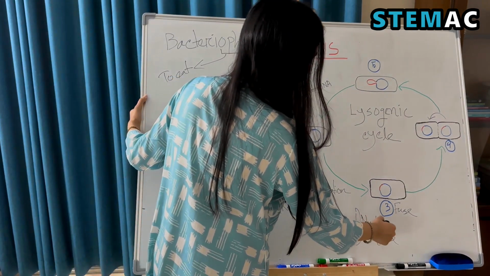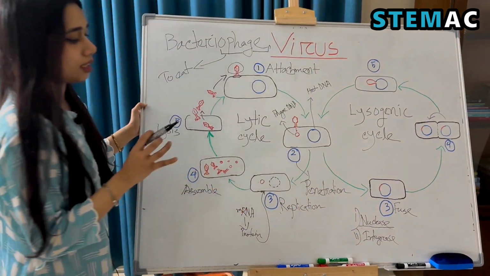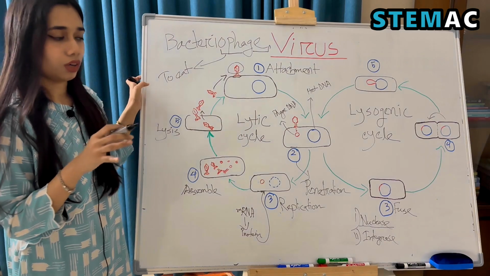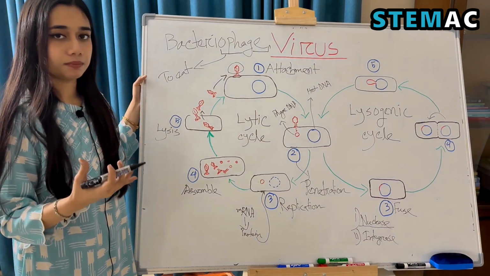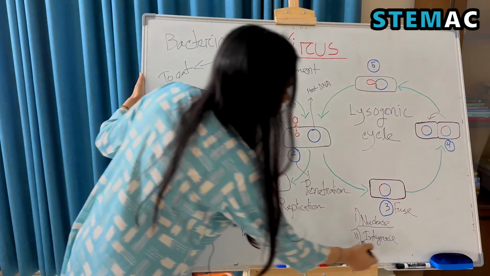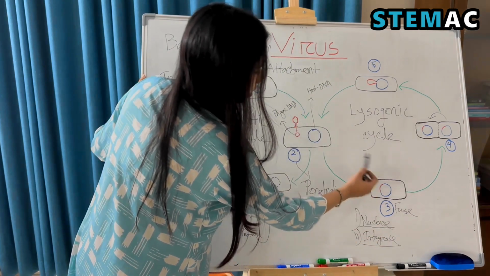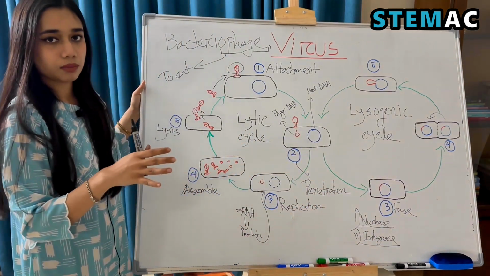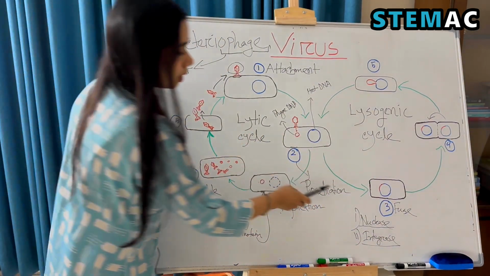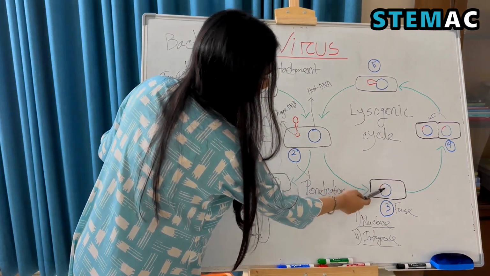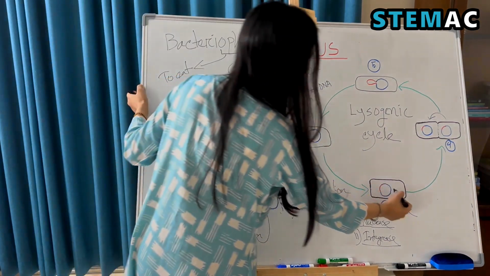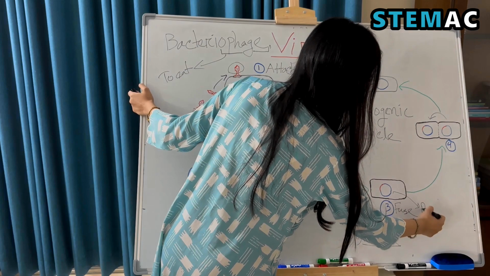The nuclease enzyme will cut a portion of the bacterial DNA, and with the help of the integrase enzyme, the phage DNA will fuse itself with the bacterial DNA, and as a result, we will get a prophage.